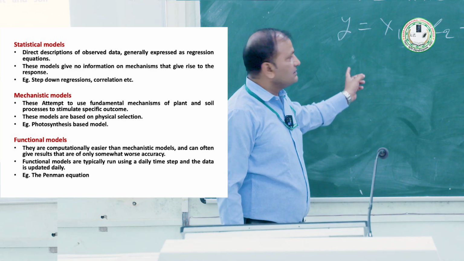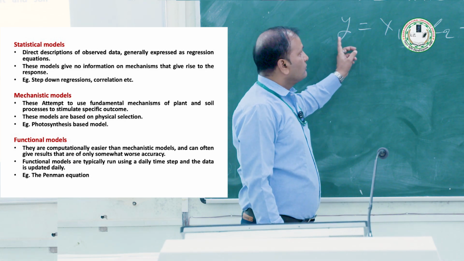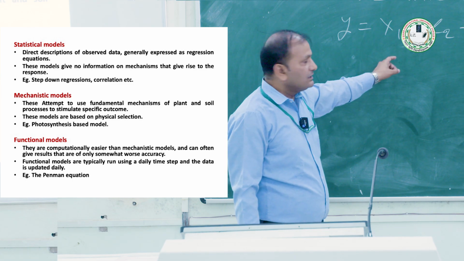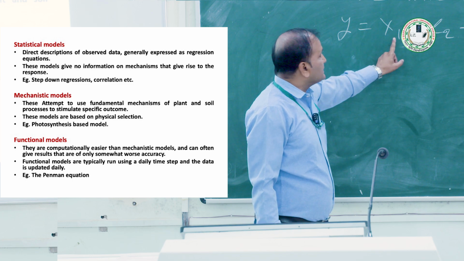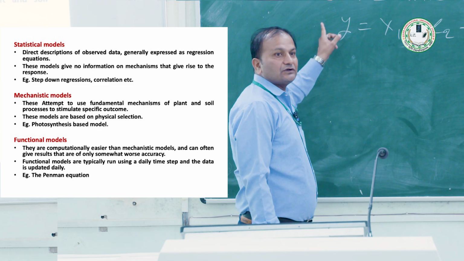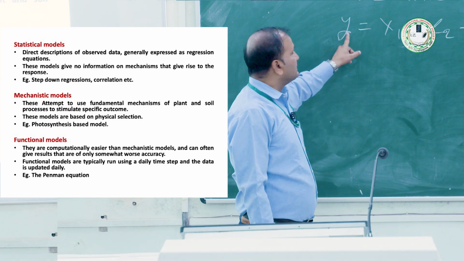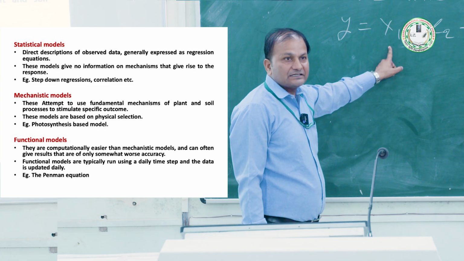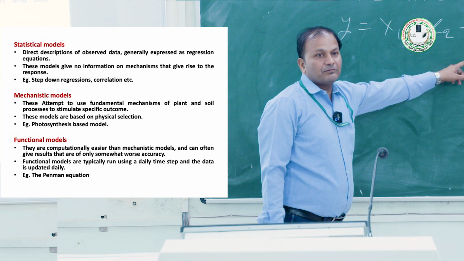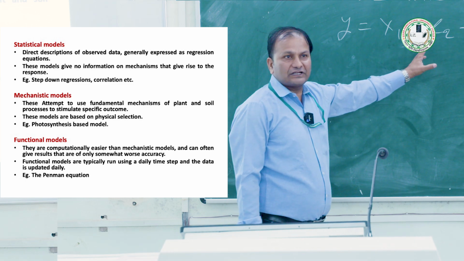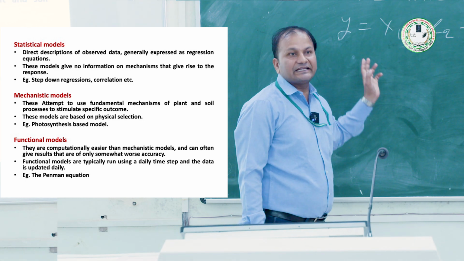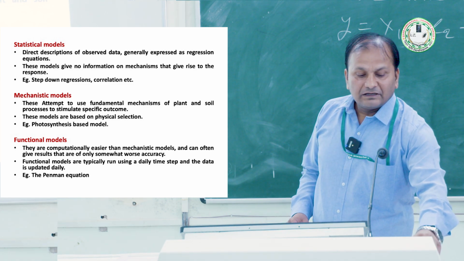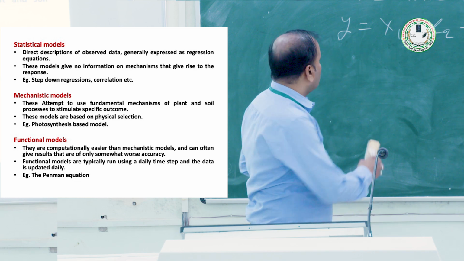So that is an equation. x1, x2 is anything which we are observing. If we are changing x1, then it will affect y. Means it may be yield, number of grains, weight of the grains, plant height, number of tillers, these all things. So that is a regression equation. So this is statistical models.